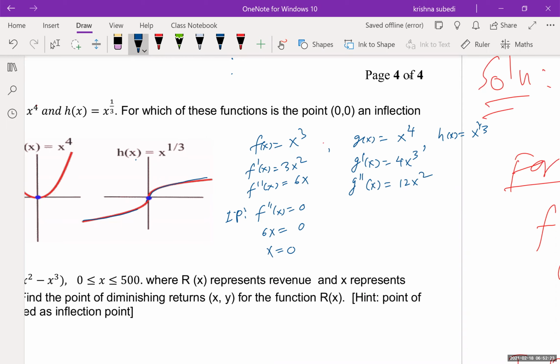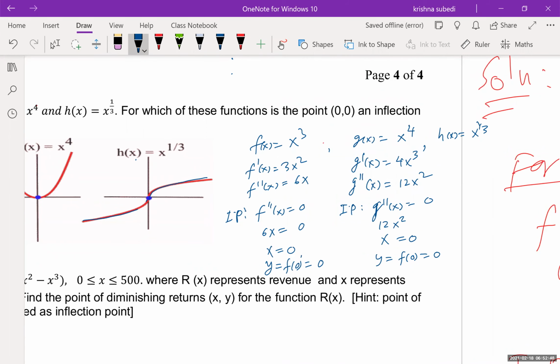By definition, your IP, if there is any, must exist where the second derivative is 0, so 12x squared equals 0, which means x equals 0. When x equals 0, y is definitely 0 in both cases.